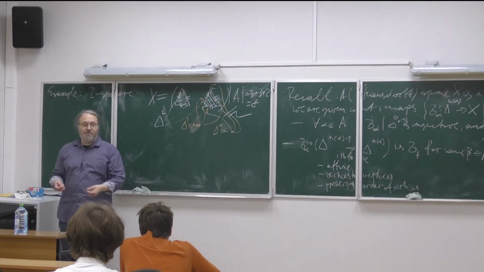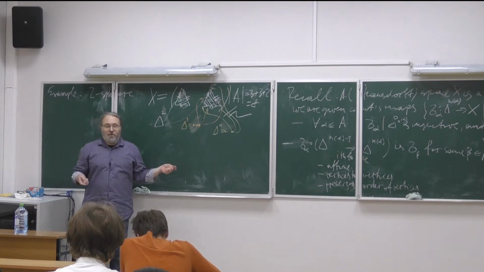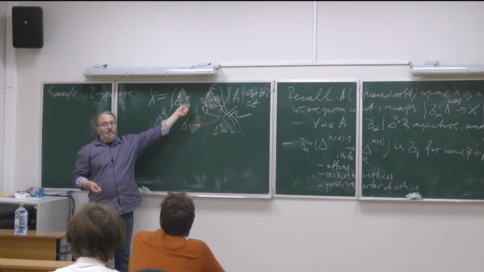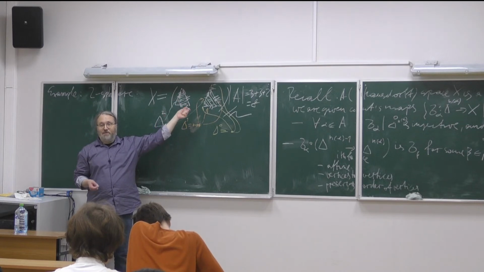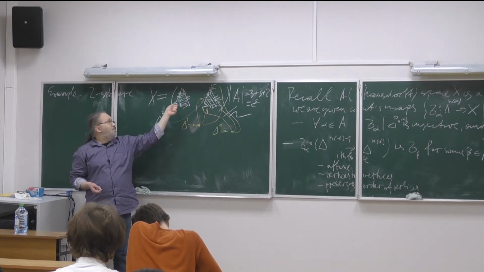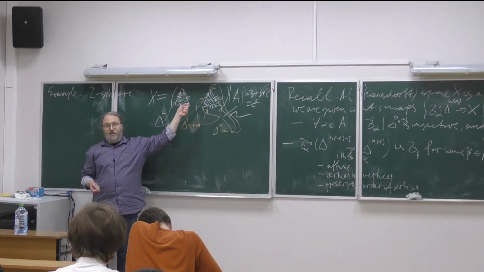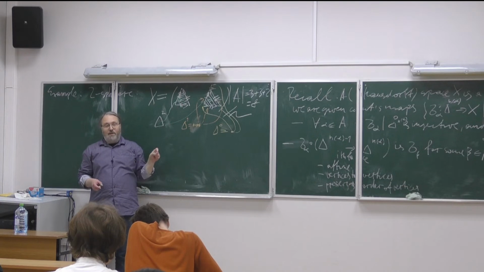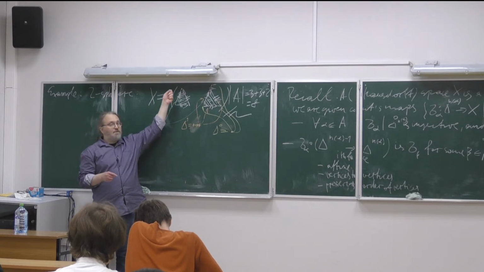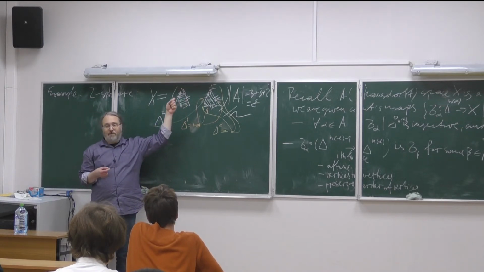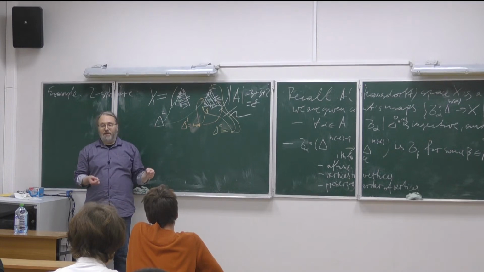Does this make sense? Please observe, we do not get a simplicial complex in this way. Why? Because we have two simplices, and their intersection is not a common face. Their intersection is a union of 3 common faces.